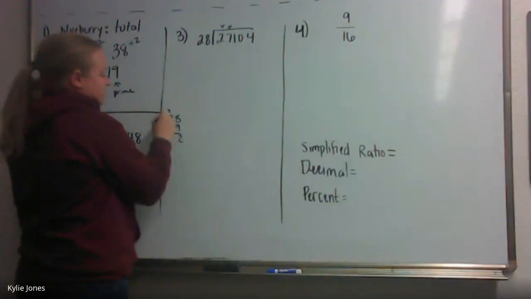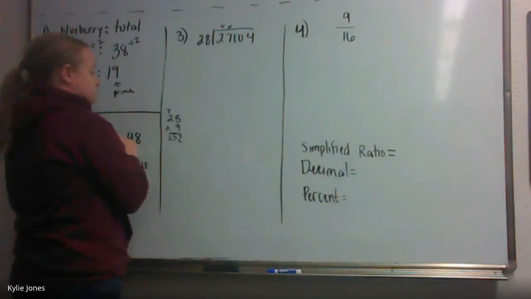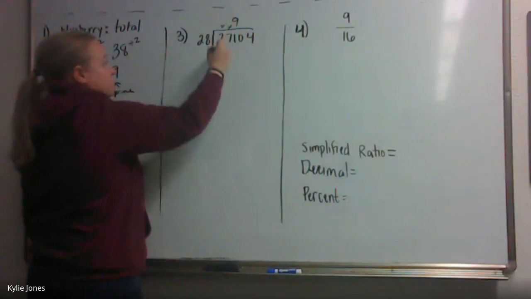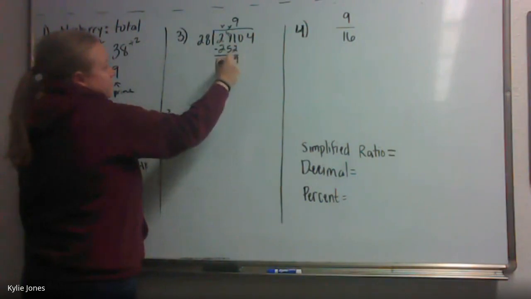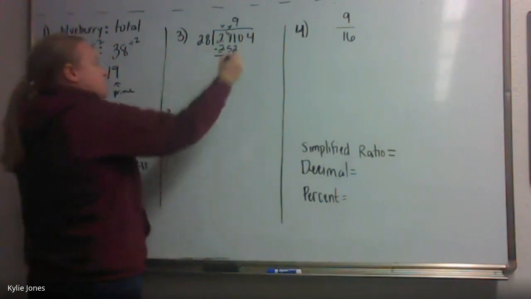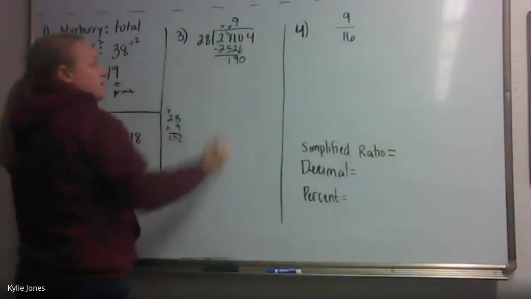I got a 9. 252? Yep. I think that's probably as close as we're going to get. So a 9, 252. Subtract and we get 19. Drop down our 0 and we have 190.